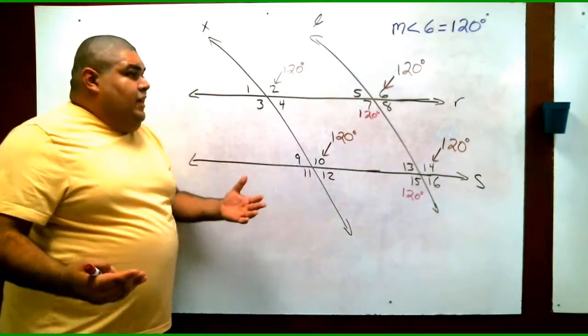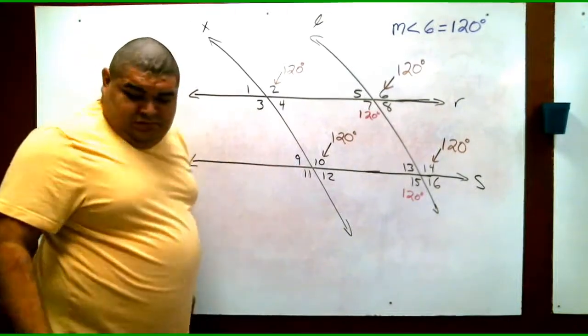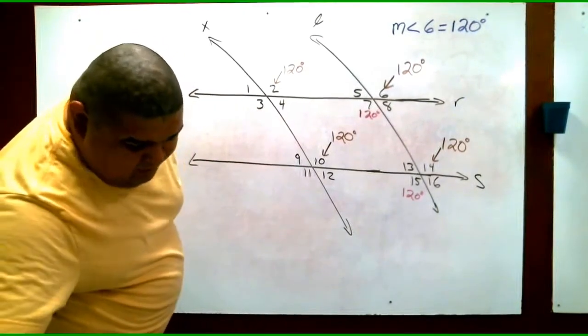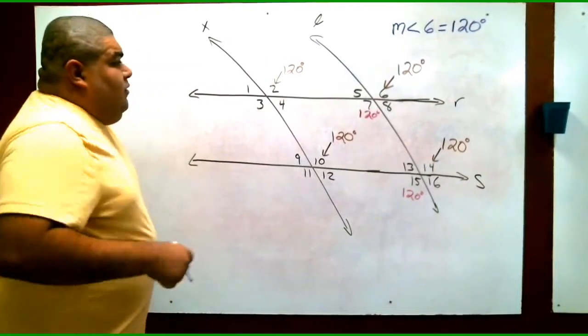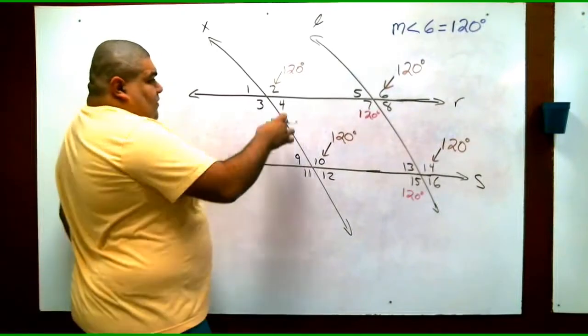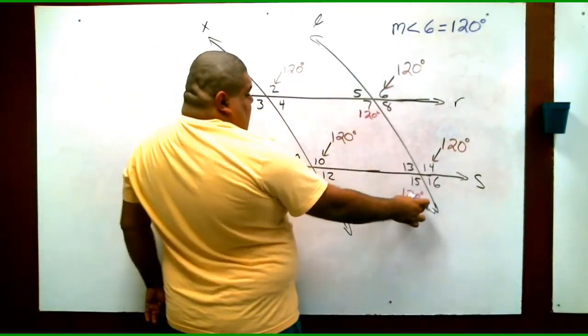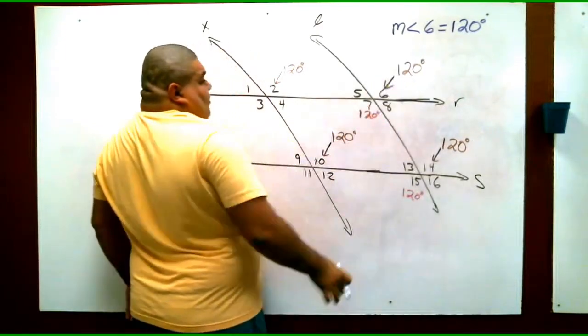Again, we can use it again. Just another color here, purple. Notice that it's all coming together now. Notice that we have 120 here, 120 here, 120 here, 120 here, 120 here, 120 here.